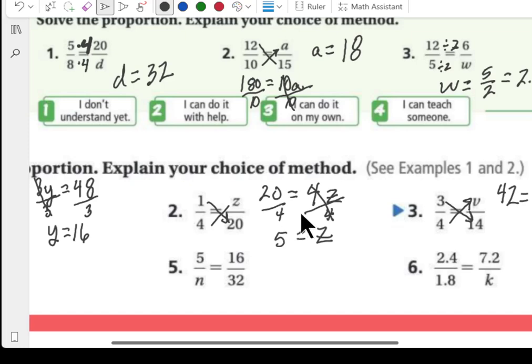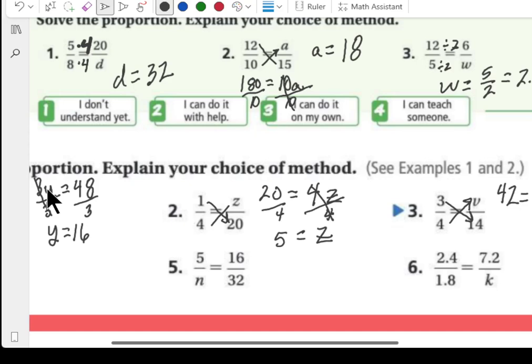The middle problem, I had a 4z. So what's in front of the z? 4. So what am I going to divide by on this one? Not because 4 is pointing at V. What number is in front of the z? 4.